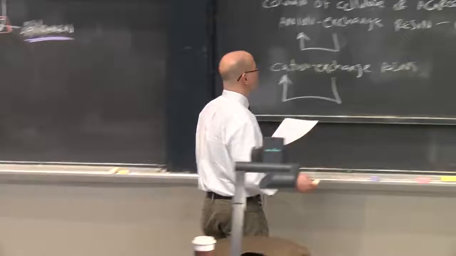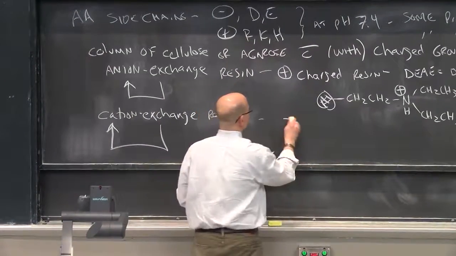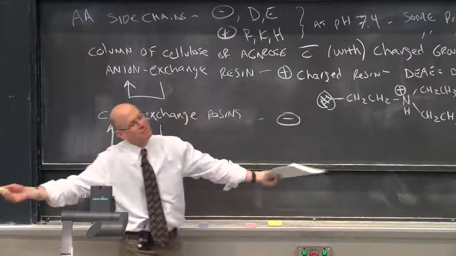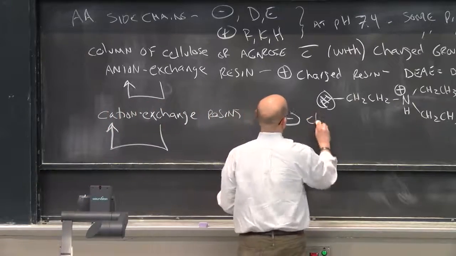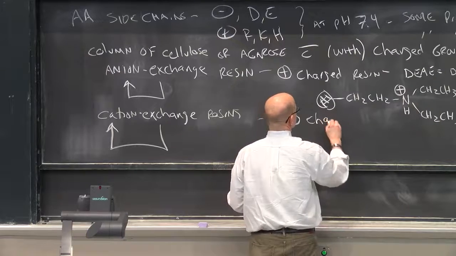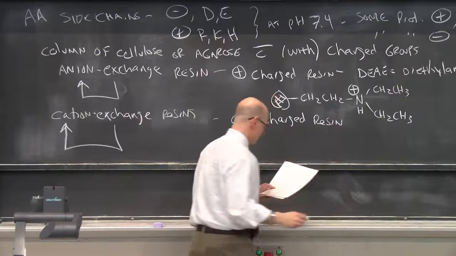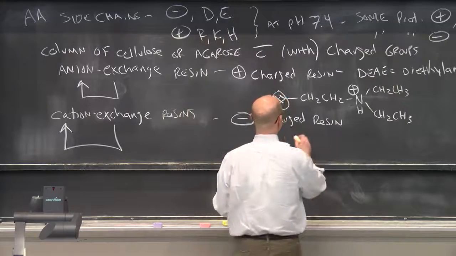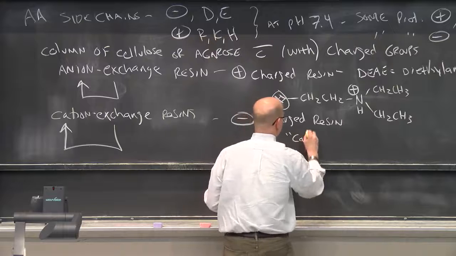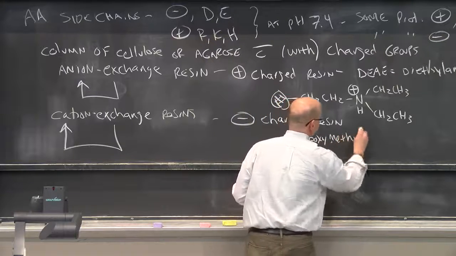And so what charge does this have to be? Negative, right? Because cations are positive. So I need a negatively charged resin. And the classic negatively charged resin that people used for many, many years is called carboxymethyl. Carboxymethyl, like carboxymethyl cellulose. Okay?